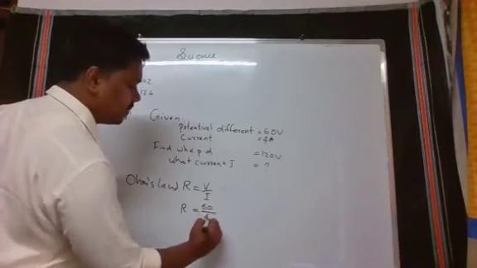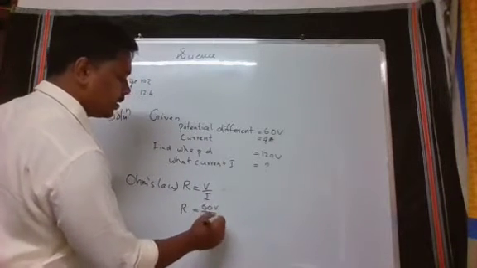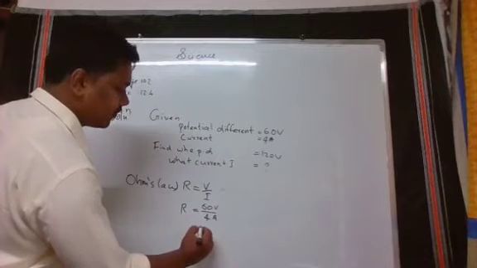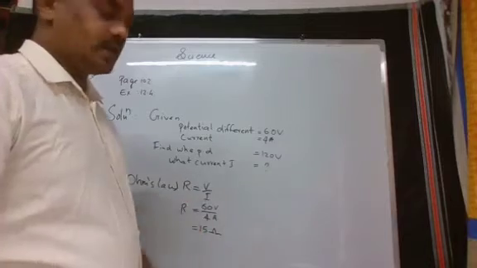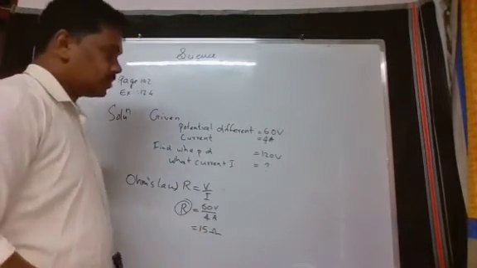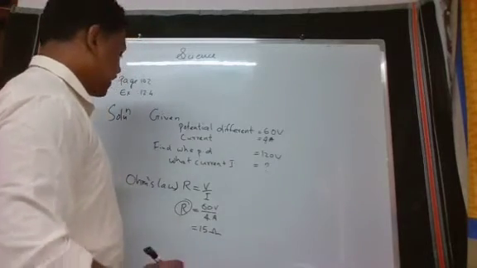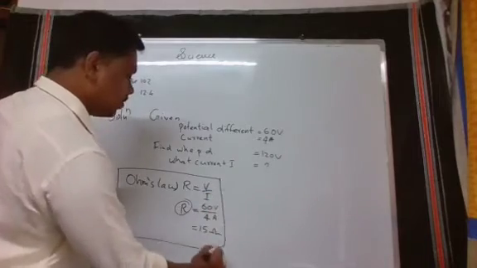Okay, 60 by 4, just simply putting, we are putting the unit also. So 60 by 4 is equal to 15 ohm. It's not the answer, it is the resistance R. So we found resistance R according to Ohm's law.